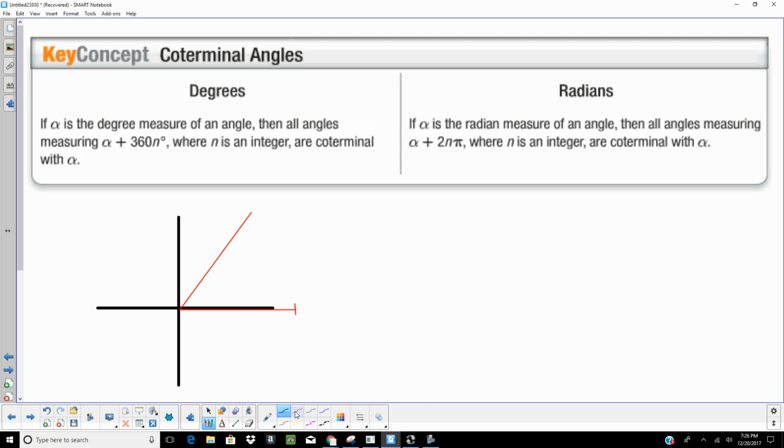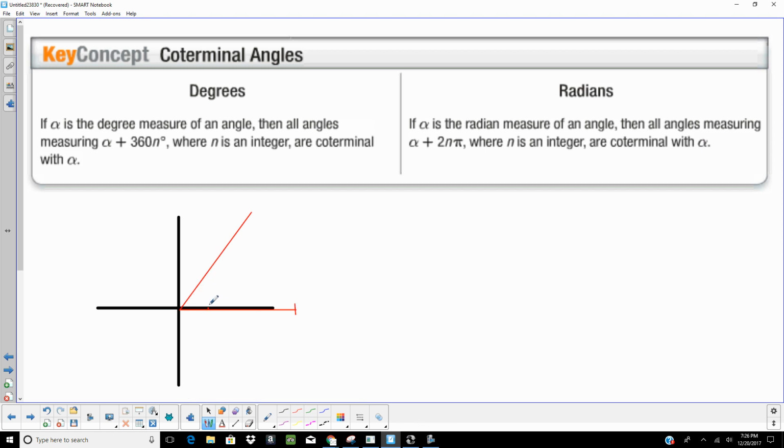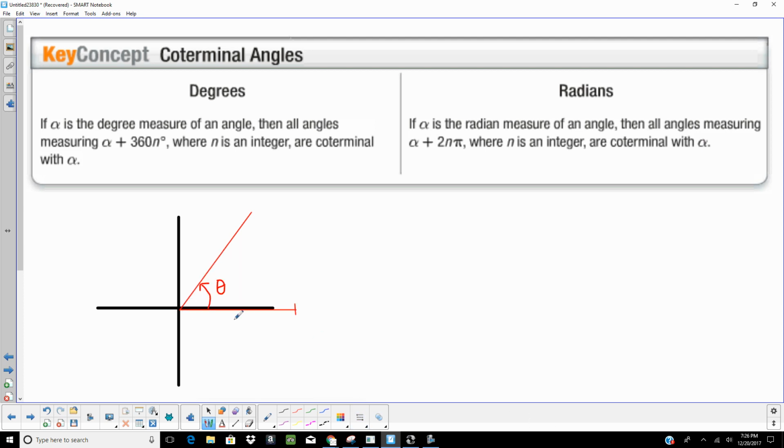Here is my initial angle, and we'll call that theta. And let's do another one in blue. It would have the same initial ray.